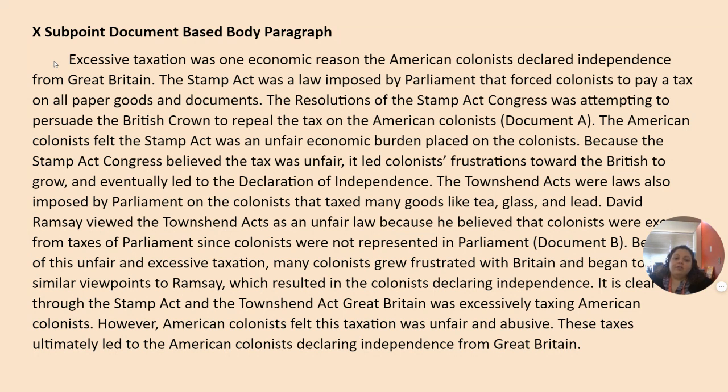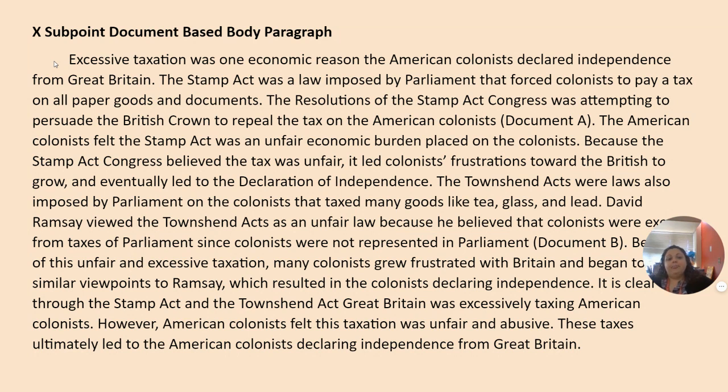The resolutions of the Stamp Act Congress. Note that the HIP statement did not start with document A, use the source. Okay, it sounds so much more collegiate to use the source instead of saying in document A, just say the source. The resolutions of the Stamp Act Congress was attempting to persuade the British Crown to repeal the tax on the American colonists.